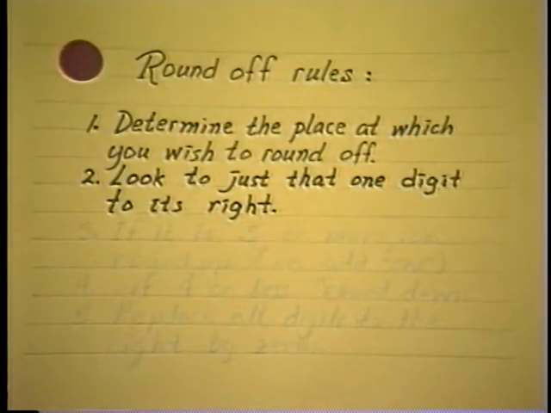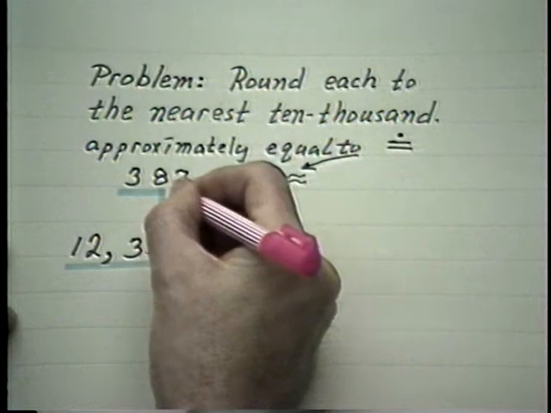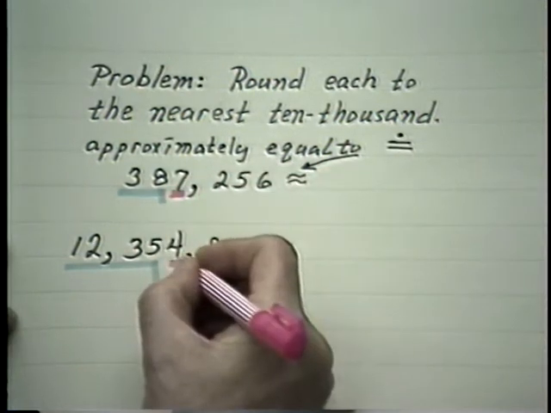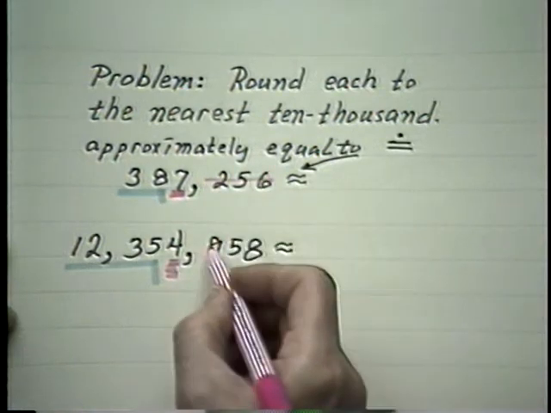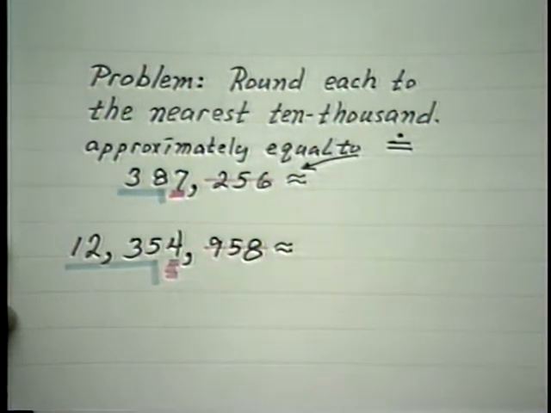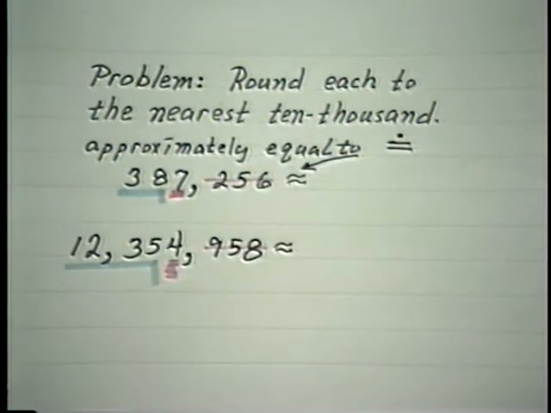Next, look to just that one digit to its right. All the others have nothing to do with it. So don't consider them at all at this stage, just that one digit.